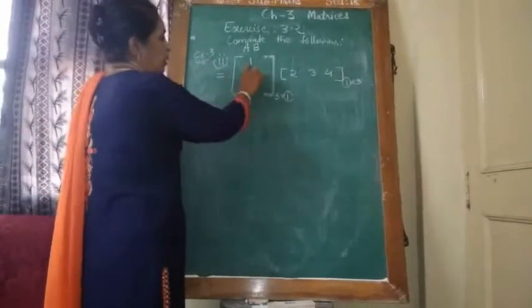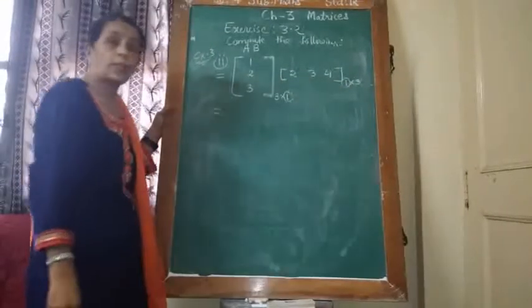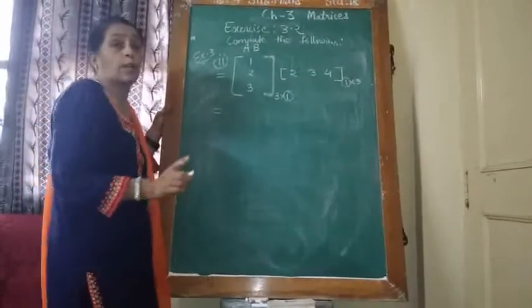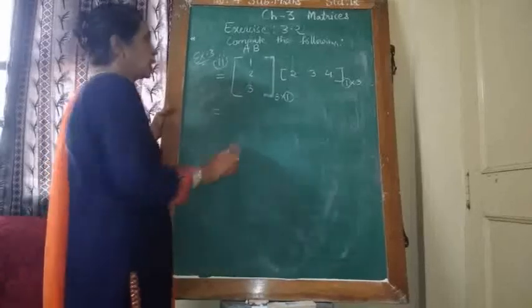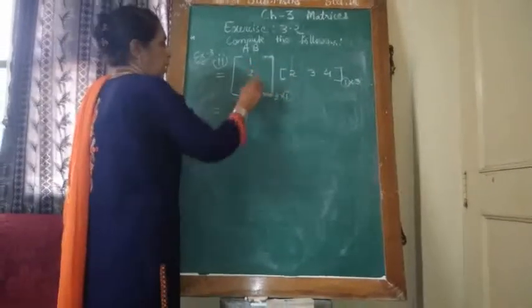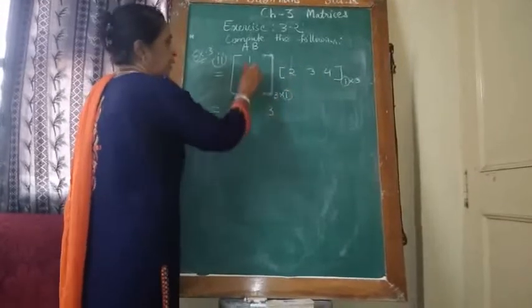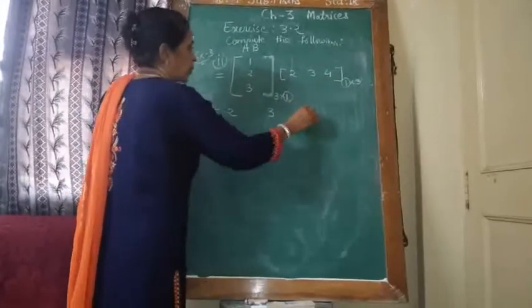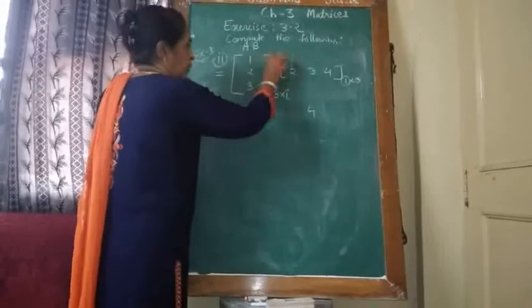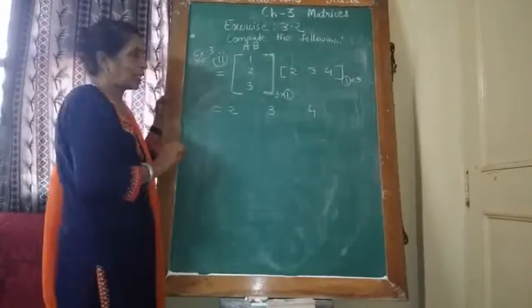So first, the output matrix is of which order? 3 cross 3, that means 3 rows and 3 columns. First row multiplied by the first column: 1 2 ja 2, 1 3 ja 3, 1 4 ja 4. So first row with first column, first row with second column, first row with third column. Clear?